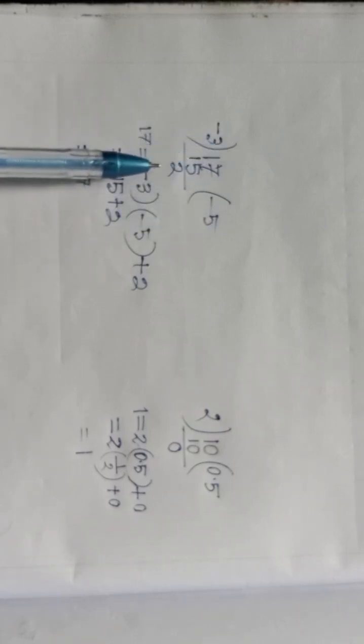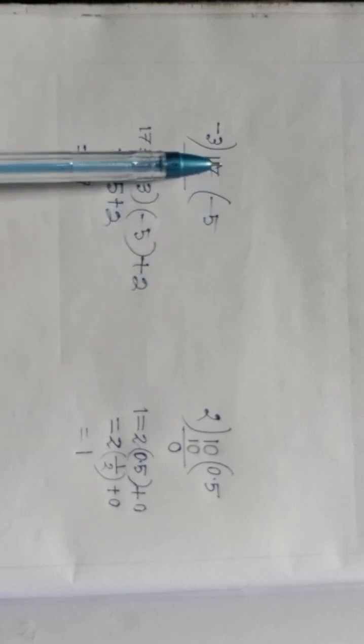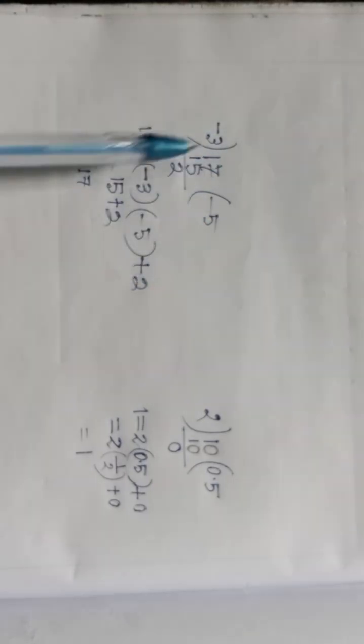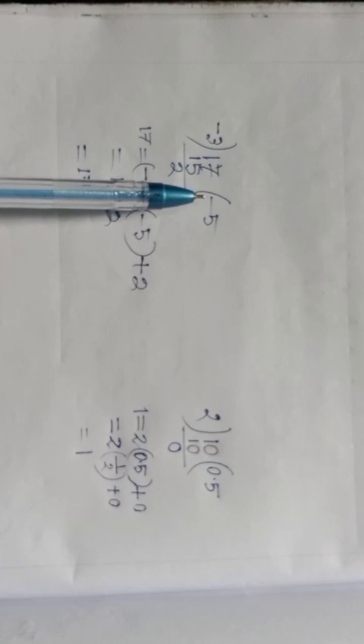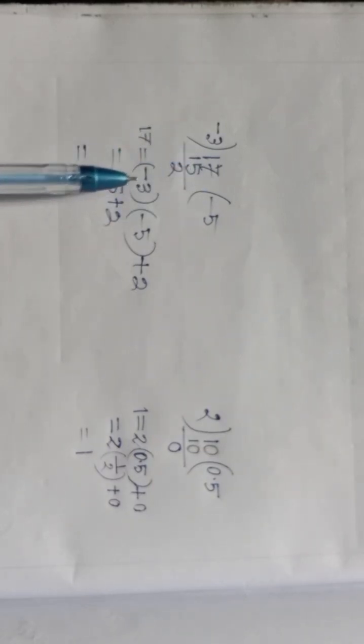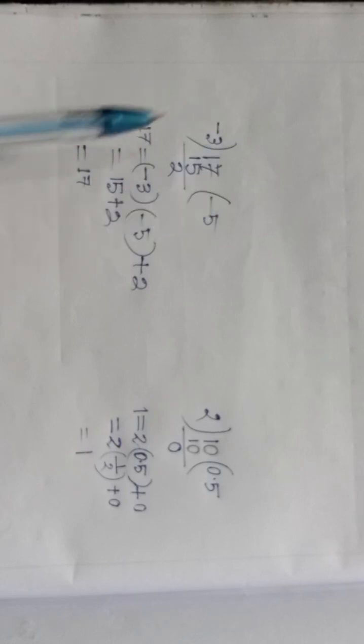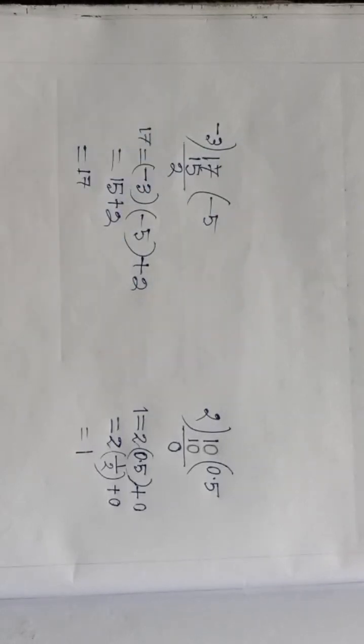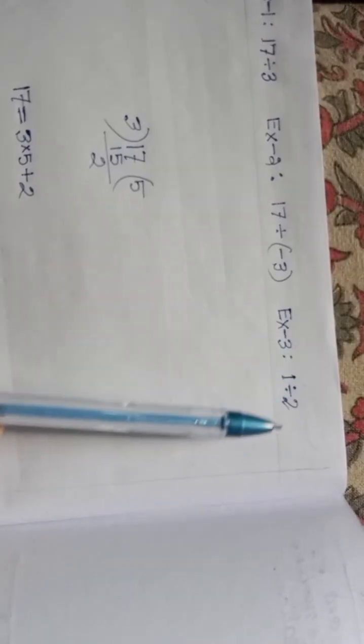Then 17 minus 15 equals 2. Again, this 17, the dividend, is equal to divisor times quotient plus remainder. See that 17 equals minus 3 into minus 5 plus 2, where minus times minus is plus, so 3 times 5 equals 15, plus 2.